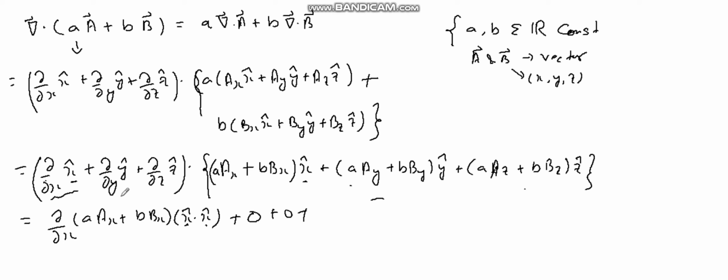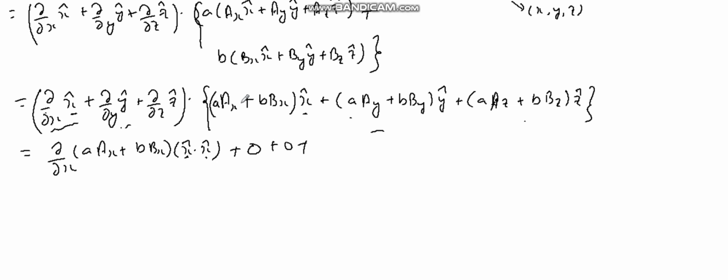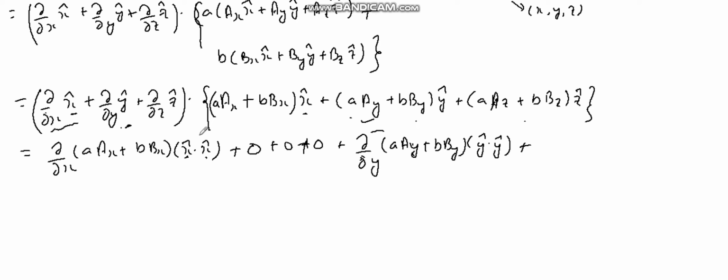If we take the second term and operate on this, x dot y will be 0, and then this term with this will give d by dy of a times Ay plus b times By, and then y dot y. Then this term with this term, y dot z is 0.